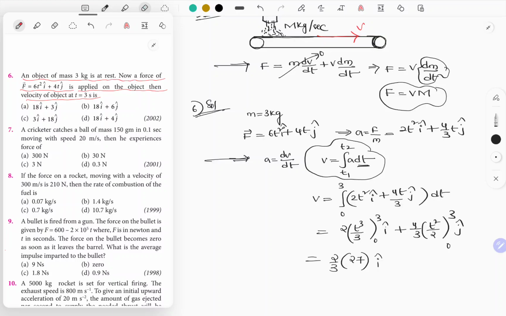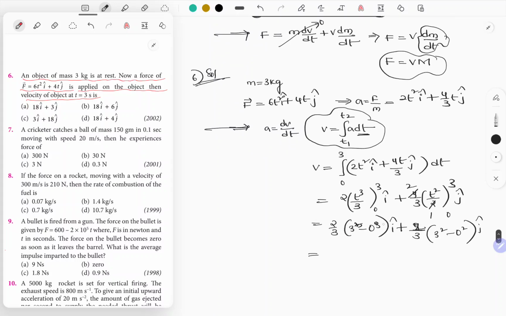Let me show you a clear representation of the substitution of upper limit and lower limit, which is equal to 2 by 3 into 3³ minus 0³, upper limit minus lower limit. This is i cap. For 4 by 3, the 2s will get cancelled out: 2 by 3 into 3² minus 0² into j cap. This is the way of representation.